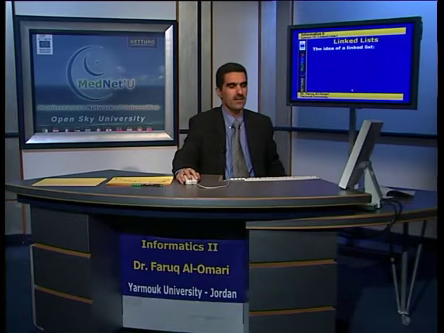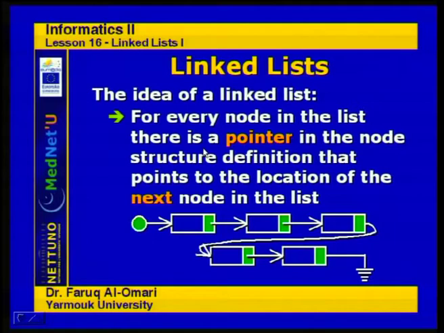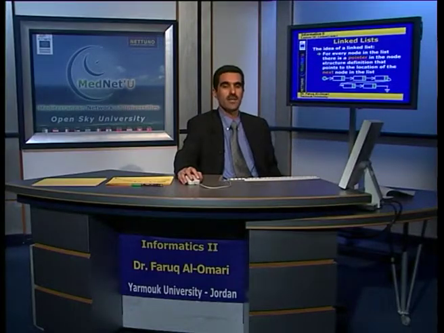The idea of a linked list: for every node in the list, there is a pointer in the node definition that points to the location of the next node in the list. Here's a better picture than this one. This pointer is what's called head, and it points to the beginning, to the first node in the list.